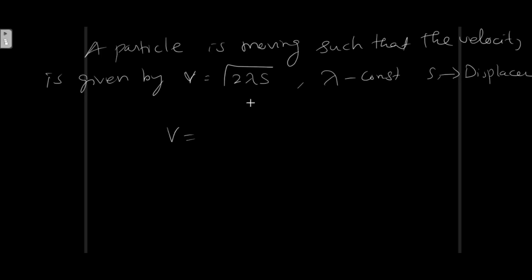Now v equal to (2 lambda s) power 1 by 2. Just this is a constant as a coefficient of s.